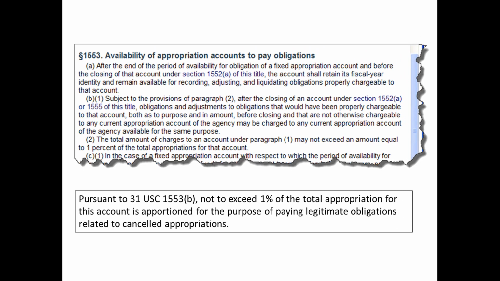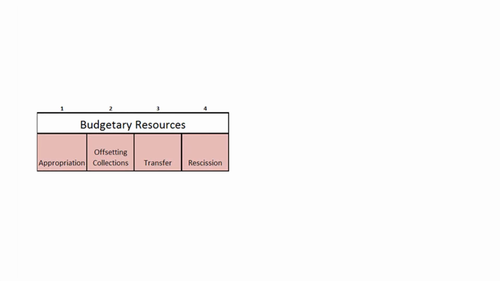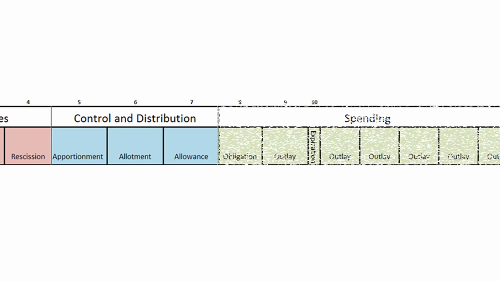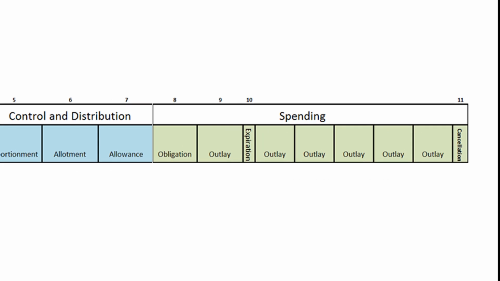Well, this wraps up Module 3 on the budget execution events that make up spending the resources. We have followed the budget execution path from budgetary resources through the different statuses of resources. The control and distribution stage, covering the apportionment, allotment, and allowance, and the spending stage.